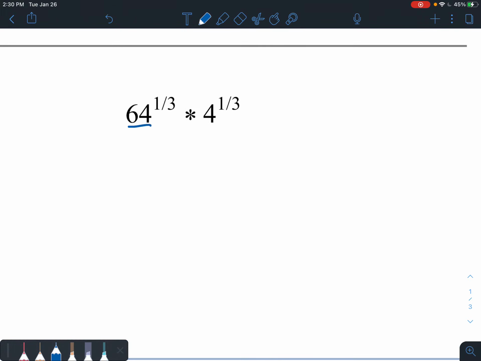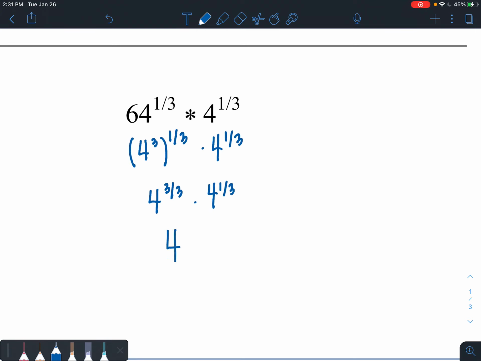All right, same thing with this one. 64 can be written as 4 to the 3rd. Simplifying, we get 4 to the 3/3 times 4 to the 1/3. So when we add, we get 4 to the 4/3, and we can just leave it as that.